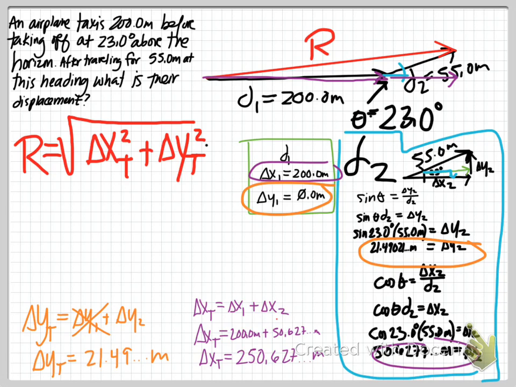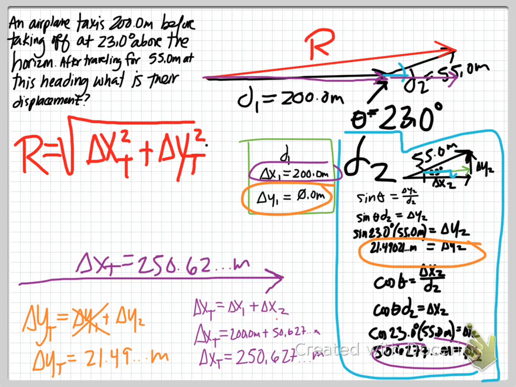Now what I'm ready to do is make this final triangle. And I tend to do this visually. So I have here my delta x total, 250.62 blah blah blah meters.